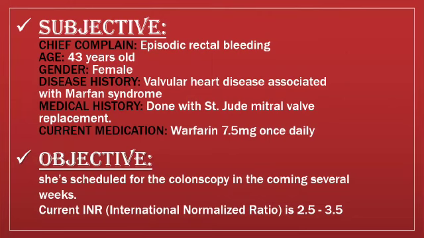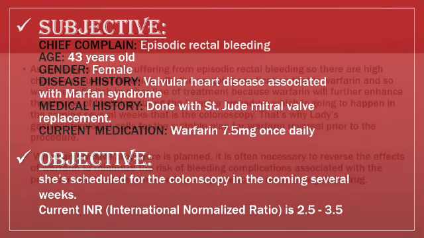For this case study, we need to give a line of treatment to stop the rectal bleeding, and the further risk of bleeding should also be suppressed. In objective, she is scheduled for the colonoscopy in the coming several weeks, and the current INR, the international normalized ratio, is 2.5 to 3.5.